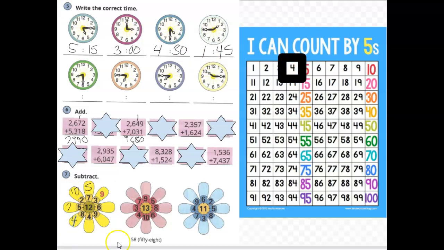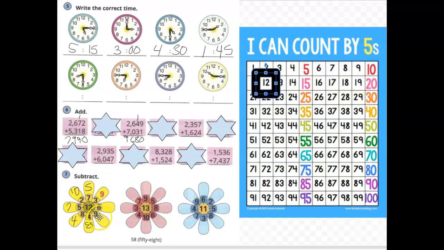Okay, back to the middle guy. And I'm taking away 4. 1, 2, 3, 4. Okay, back to the middle guy.